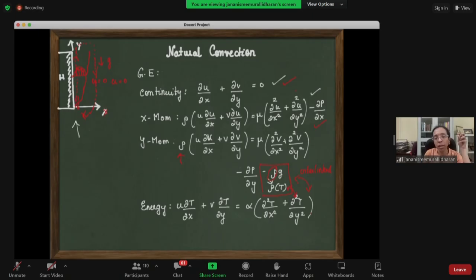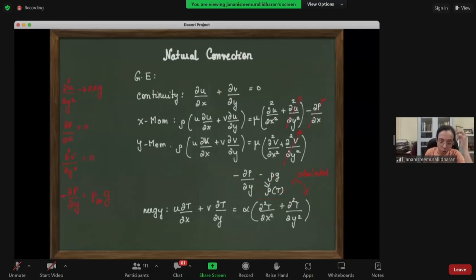Okay. So now you are familiar with the equations that we are using. But can we, for the vertical plate, simplify it further? Okay. So what you see here is the following, right? So I will draw the domain again. And you have the y direction and the x direction, correct?